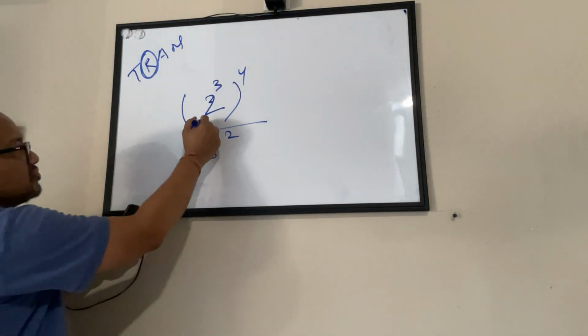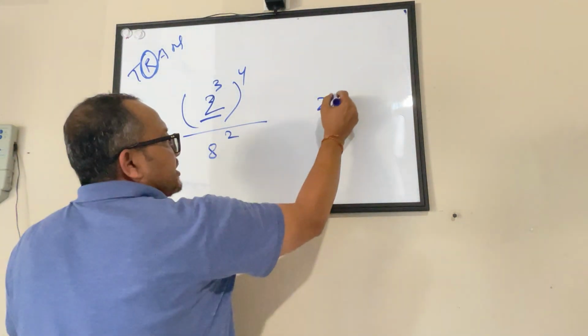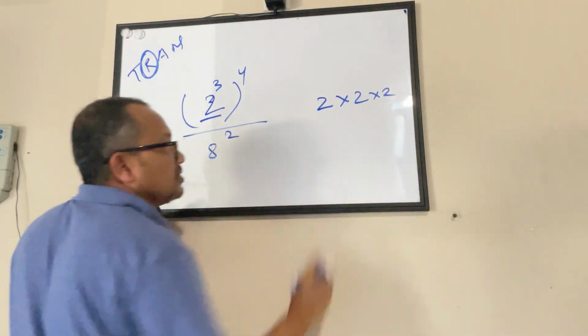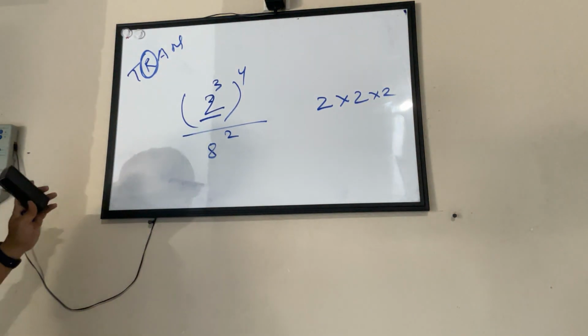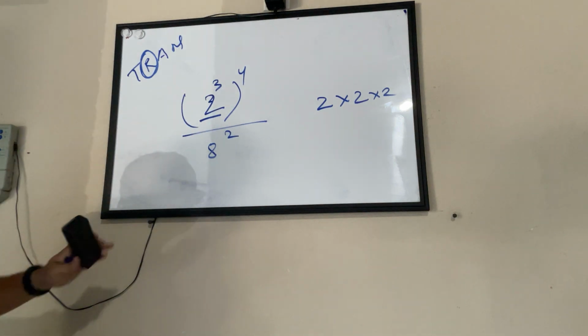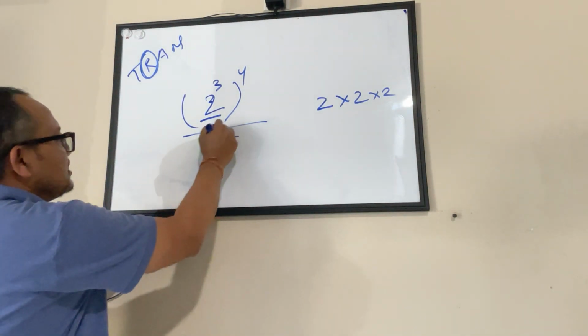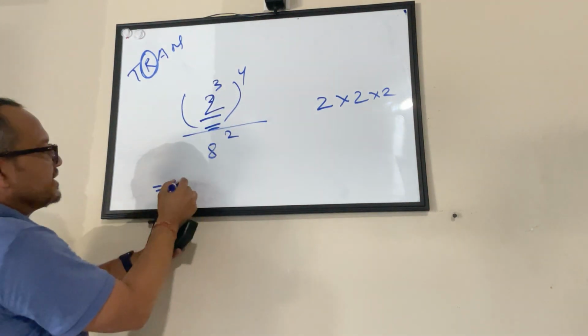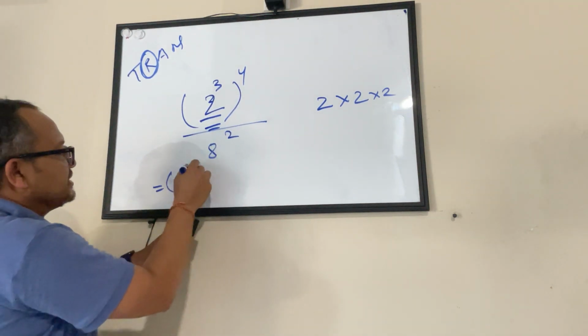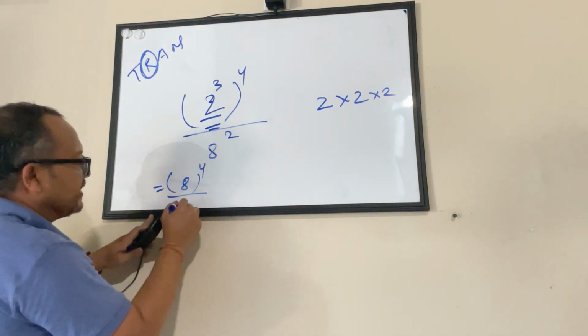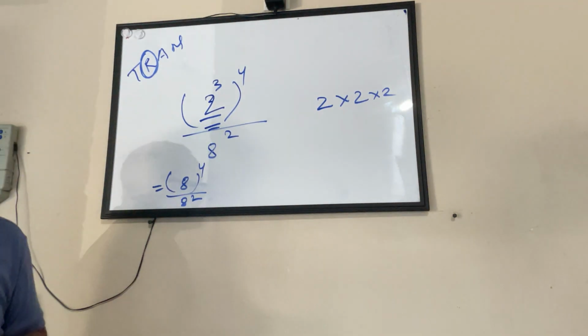Now look at this, 2 to the power 3. What is 2 to the power 3? 2 into 2 into 2, that is nothing but 8. So if you look at this question with a different lens, you can always write 2 to the power 3 as 8, and this to the power 4 divided by 8 square. Yeah?